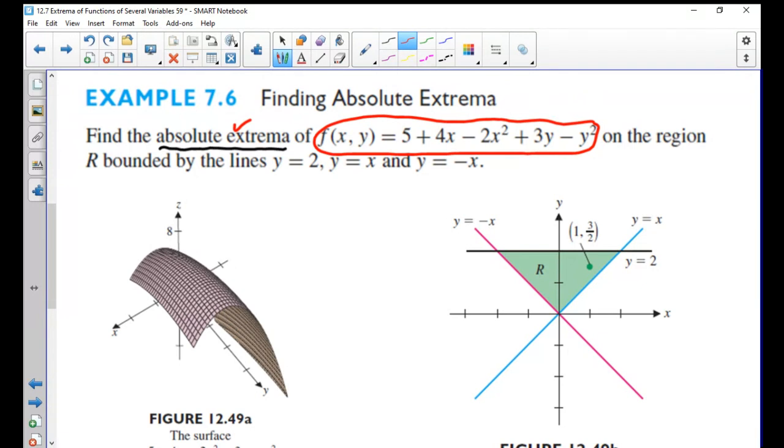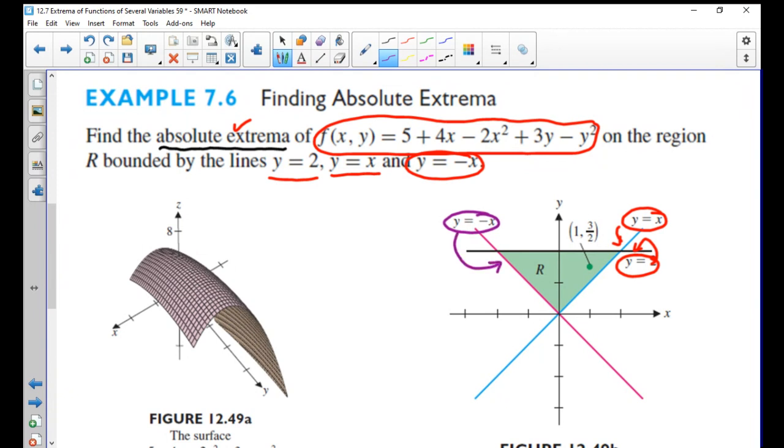It's a function of 2 variables. What is its largest value? What is its smallest value? On the region bounded by the lines y equal 2, so the line y equal 2 is the horizontal line here, y equal x, which is the blue line, and y equal -x, which is this line here.